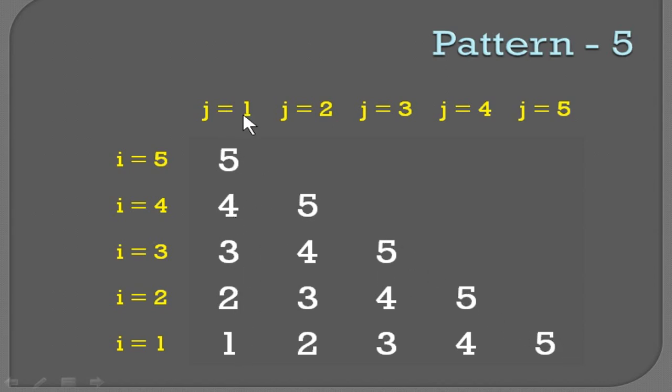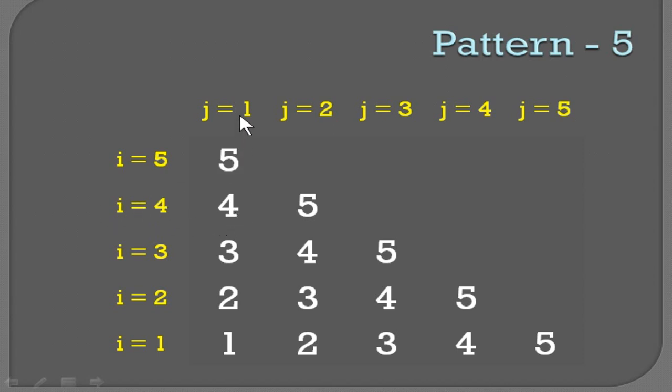So the j value ends with 5. That is confirmed because the last number of each row is 5, but in every row the start value is different. So what you have to do is put j equal to i, start with i, because if the i value is 5, it will print 5; if the i value is 4, it starts with 4.